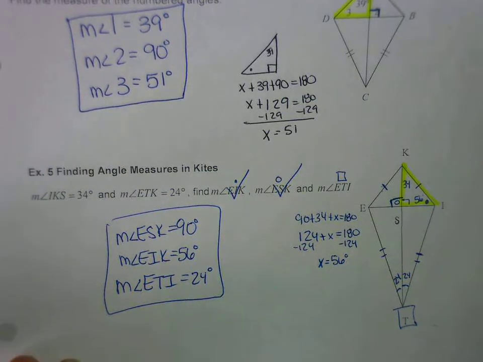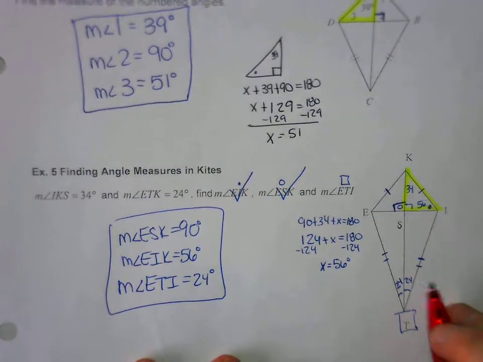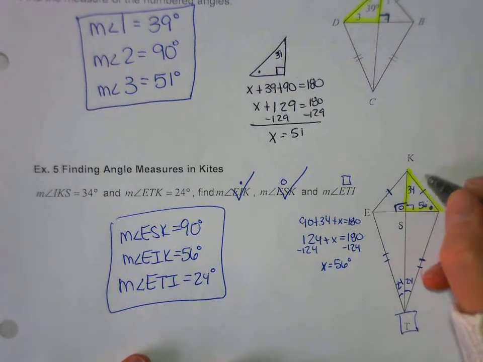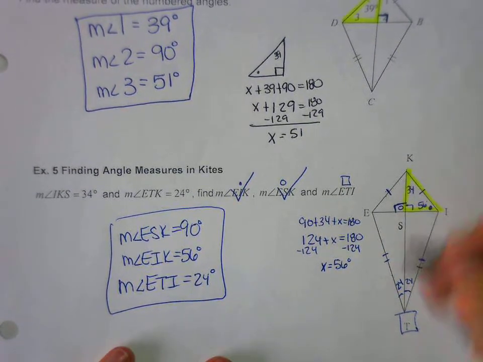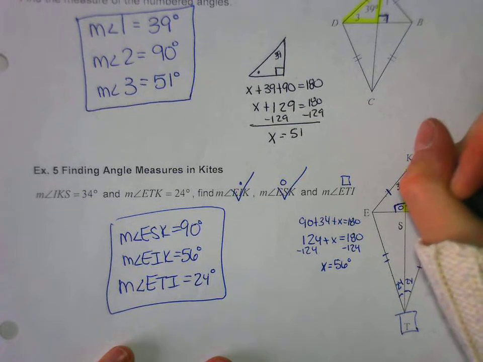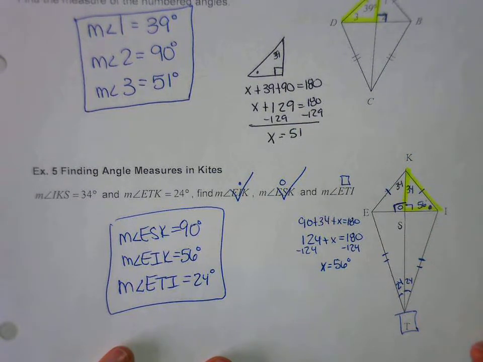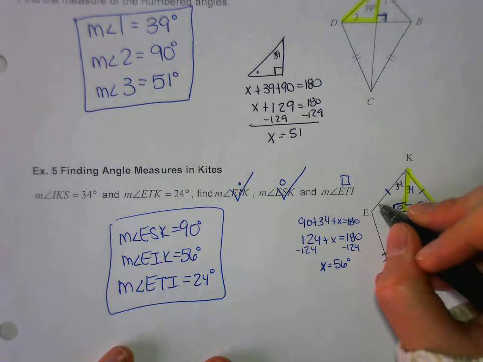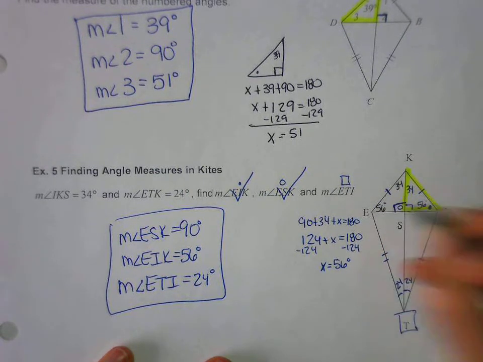Let's just take a look at what else we can find out. If that's 24 degrees, and that one's 24, I also know that this angle, angle K, is bisected by this diagonal. So that means this angle is also 34. If I have a 34, 90, 56, that means this angle is also 56 degrees.